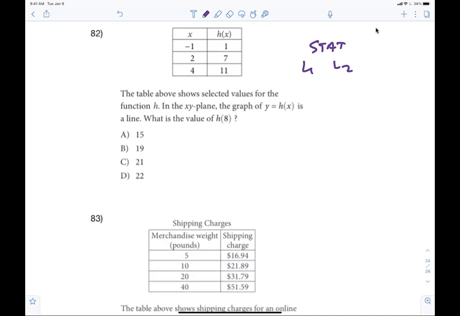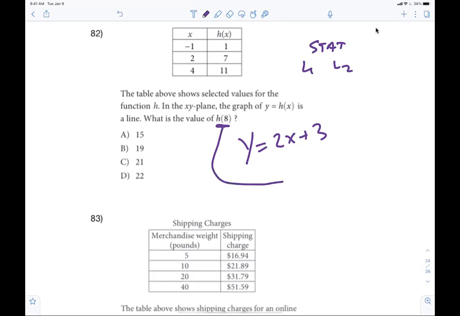Practice, practice. y equals 2x plus 3. Is he correct? Yeah. Now remember, they're asking h of 8. So if they're asking for h of 8, what do I have to do now?